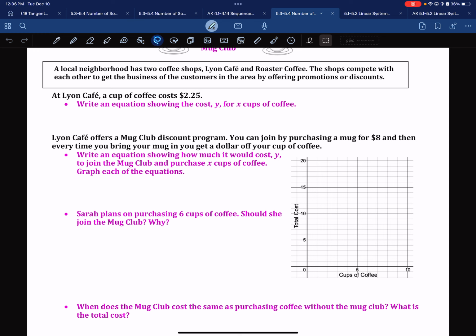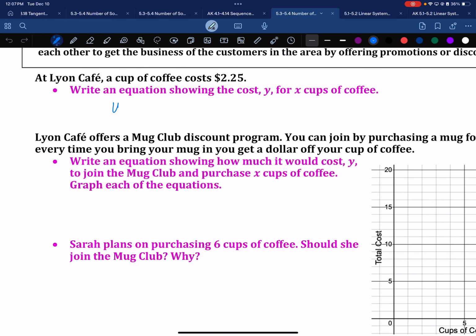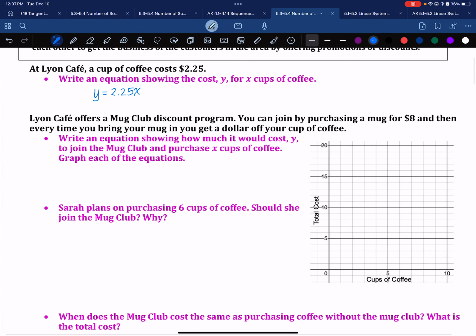Don't forget the one part where it does say to graph. Yeah, you have to graph them both.